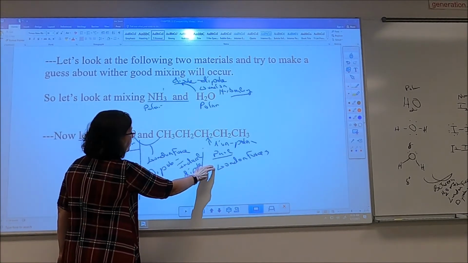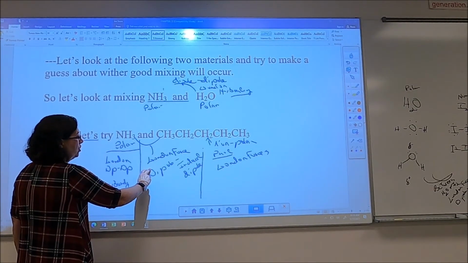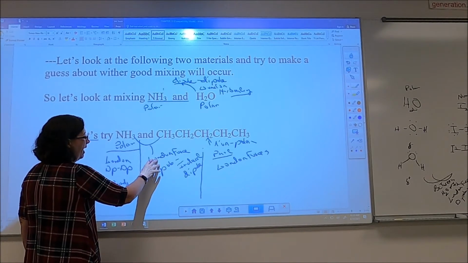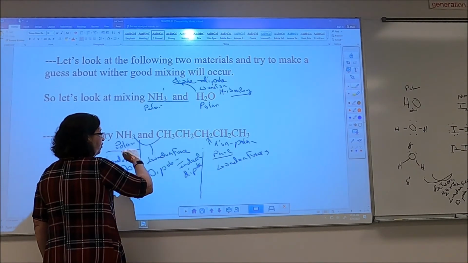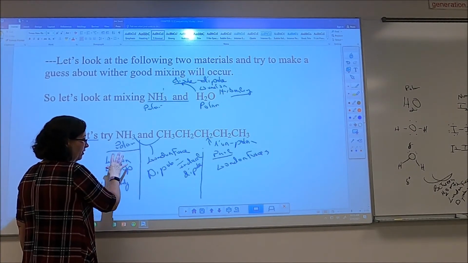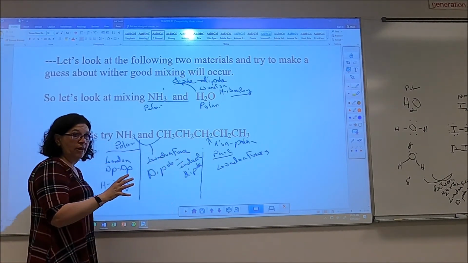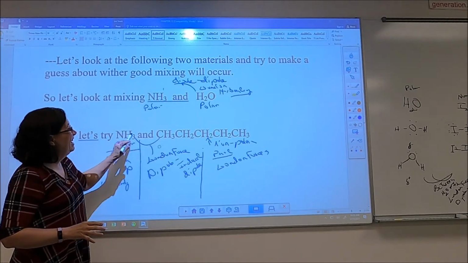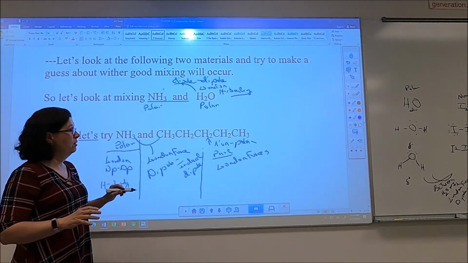This only has London. Going to a dipole-induced dipole and a London force might improve the situation with this guy, but for ammonia, it's giving up some very strong interactions for weak interactions. So these two aren't going to mix very well.